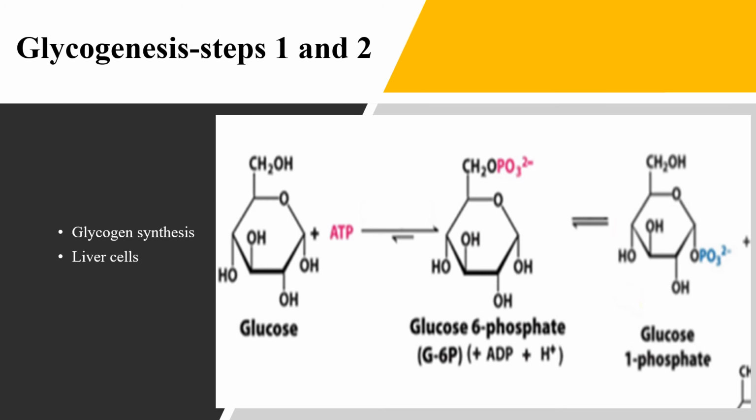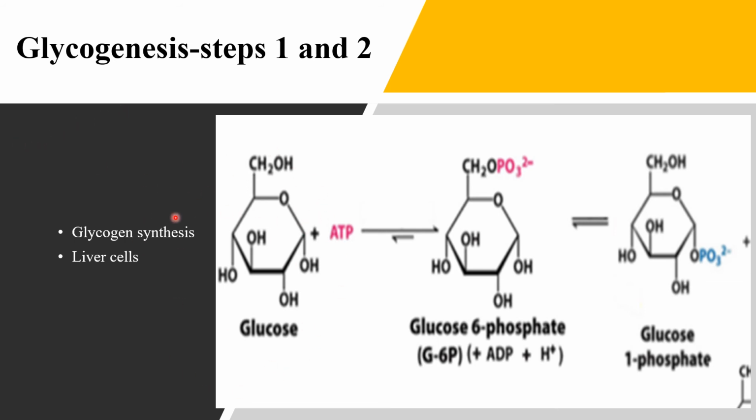So what the liver cells do is they begin to uptake some of that glucose into the cytoplasm of the cell. Once glucose is in the cell, the liver cells will want to trap that glucose inside the cell and prevent it from escaping back into the blood plasma. So the liver cells phosphorylate the glucose molecule on the 6th position.